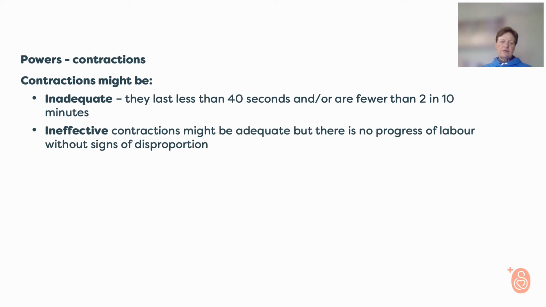So when we look at the definition of inadequate contractions, we say it's contractions that last less than 40 seconds and or are fewer than 2 in 10 minutes. So the duration of the contractions is not long enough, and the frequency of the contractions is not enough to make labor progress.